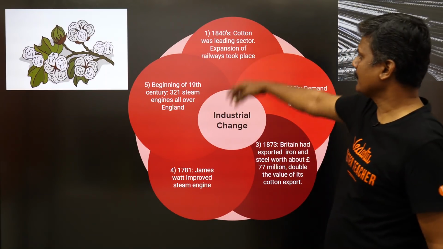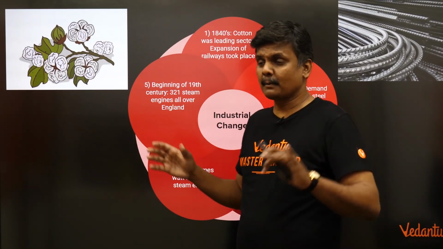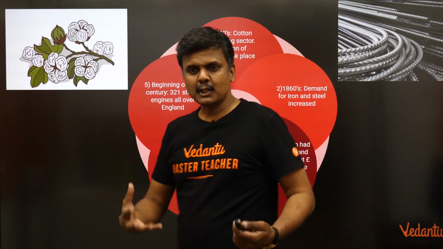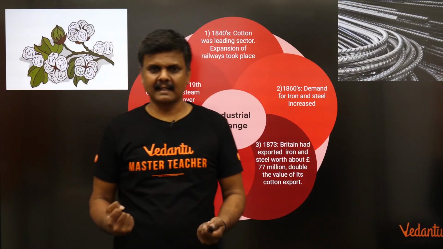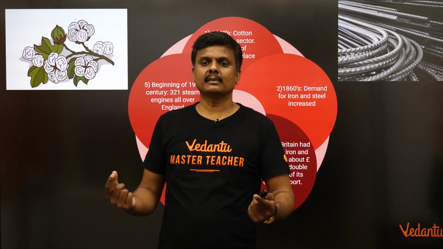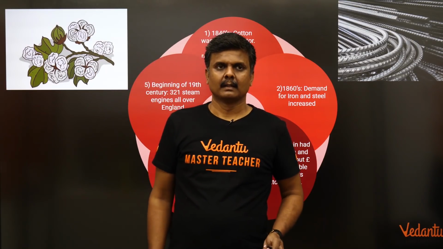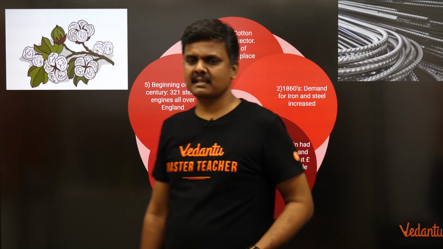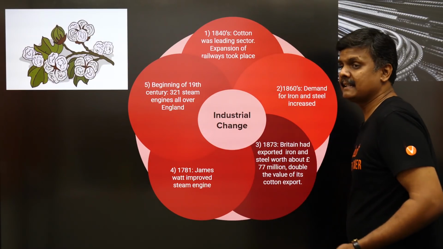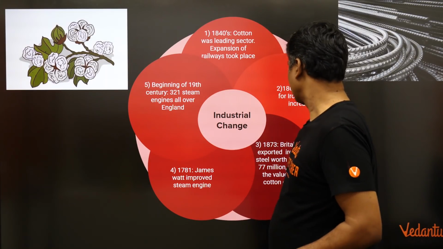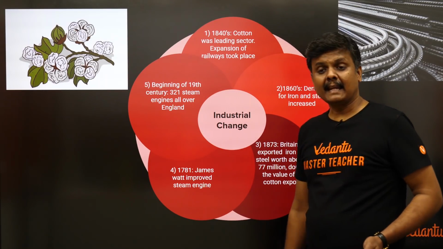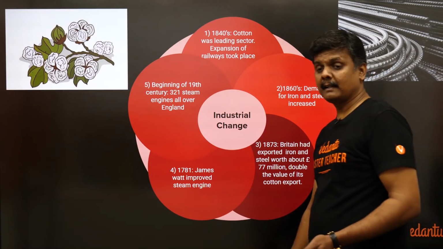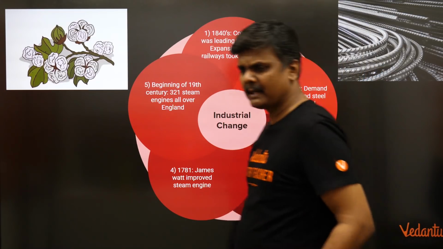So in the 1840s railways came into the picture, and in 1860, you need very strong materials for these transactions. Iron and steel, there was huge demand for metals like iron and steel. In 1873, look at it, guys, Britain exported iron and steel because worldwide the demand was there.